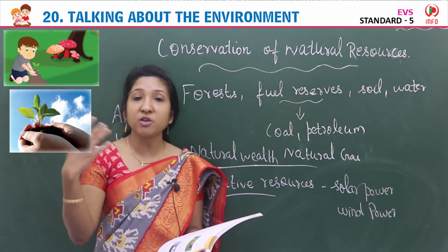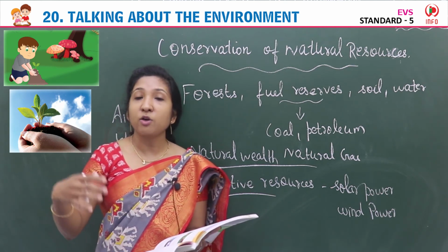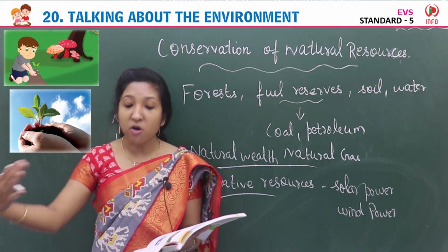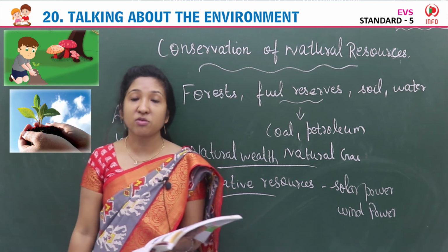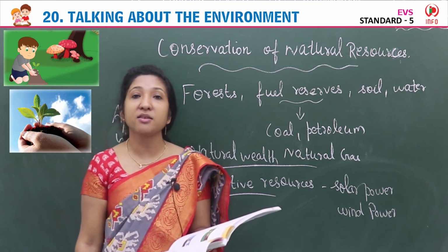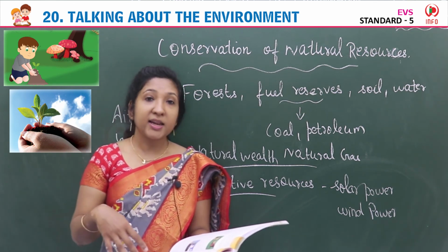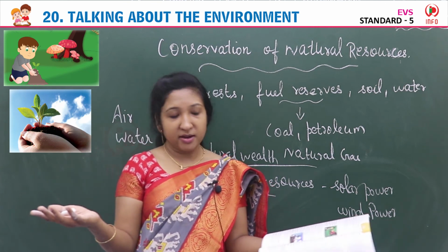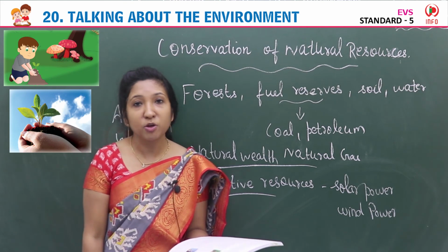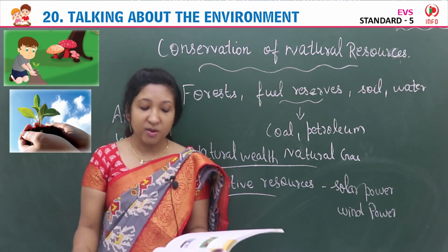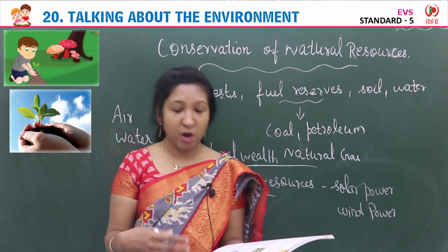Because of overuse, the resources are running short, or production is falling, or human activities are depleting the natural resources. Now reduction is happening in these resources. So it leads to great environmental concern, like environmental pollution, global warming, water pollution, many problems.